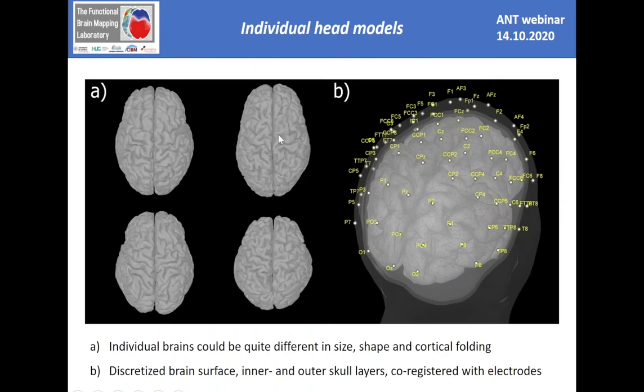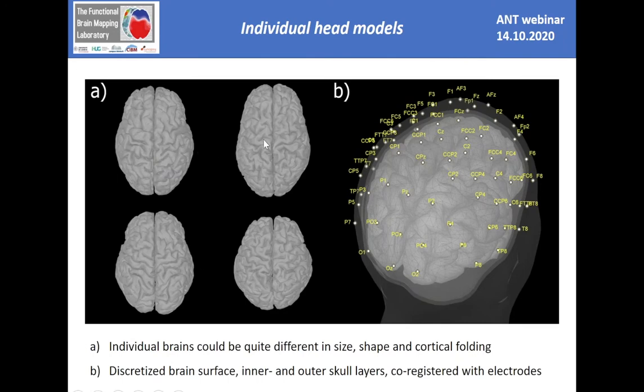So here I show an example of individualized, almost ready-to-go head models. I show here 4 different cortical surfaces, and as you can see, those come from 4 different individuals, and they are quite different in size, shape, and cortical folding, right?